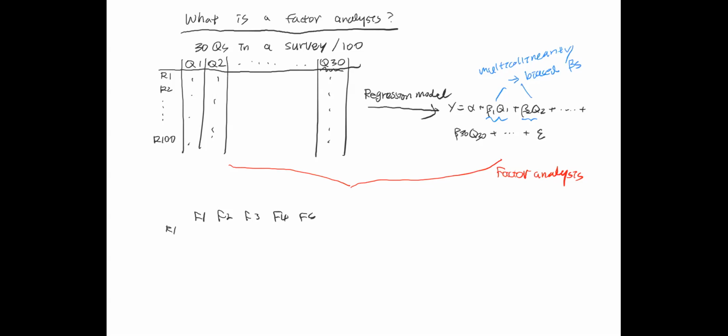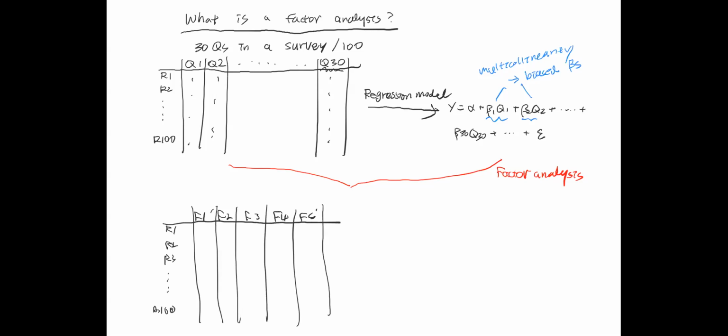The rows should be the same: respondents 1, 2, 3, all the way to respondent 100, because our sample size is 100. This is the data that we can get from the factor analysis model, and this is called the factor score.